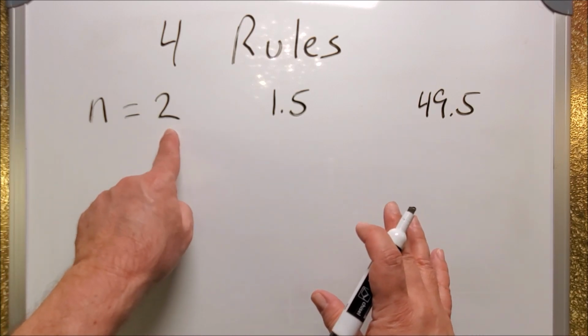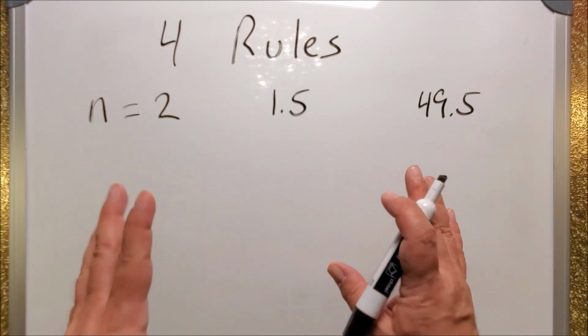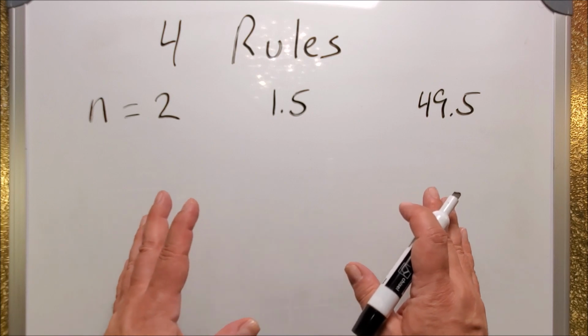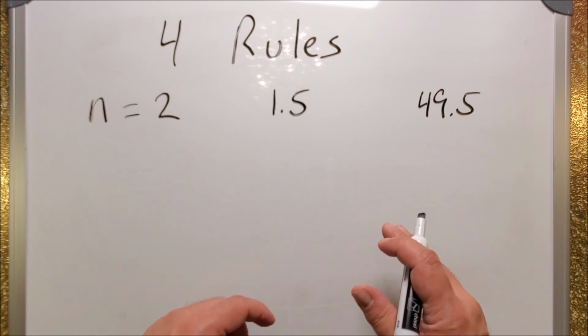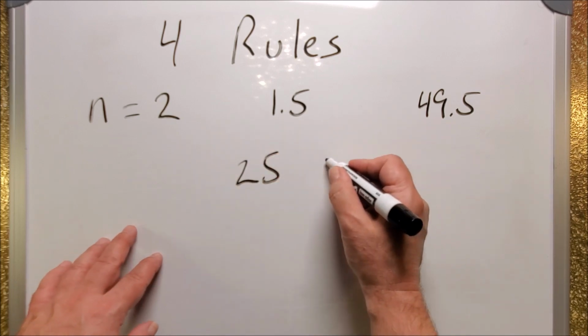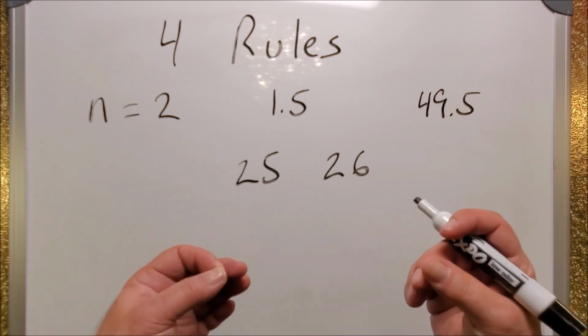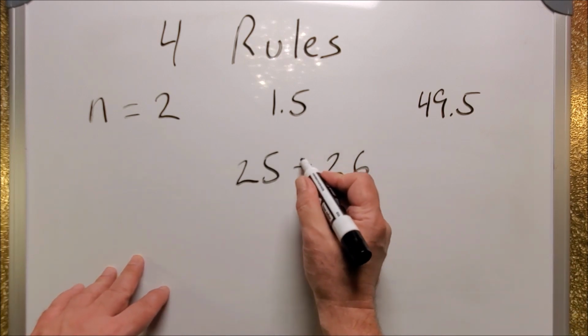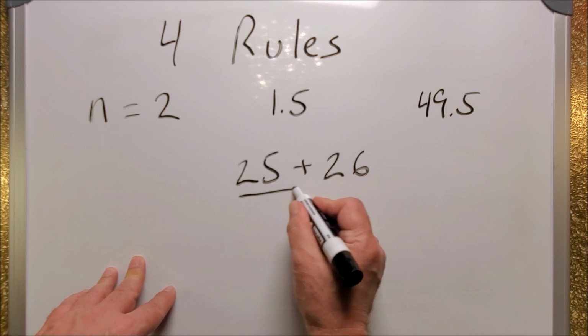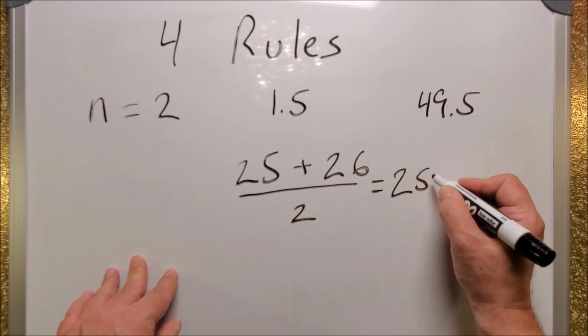Remember, we have 1,225 samples of size 2. That rapid multiplication happens most right in the center. We have two center scores. Let's take 25 and 26. That's a potential sample of 2. Remember, we're taking every possible one. So if I take the mean of that sample, I'm going to get 25.5.